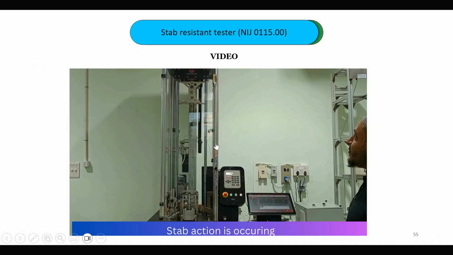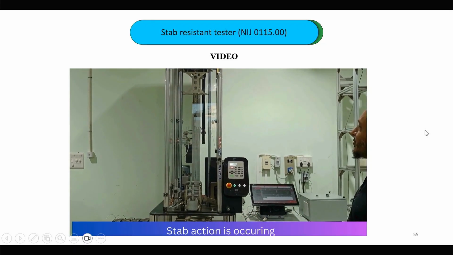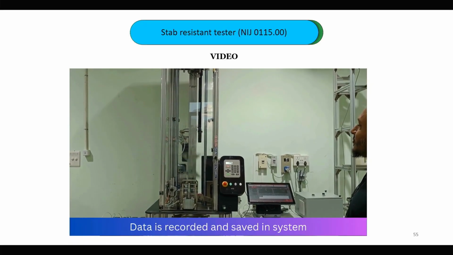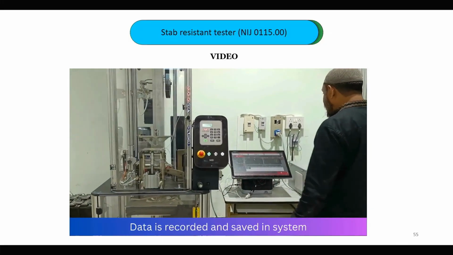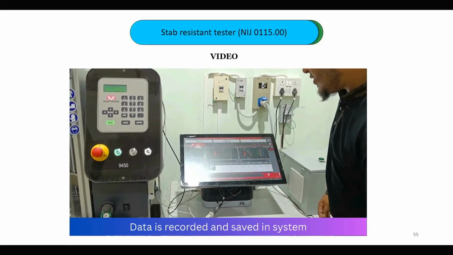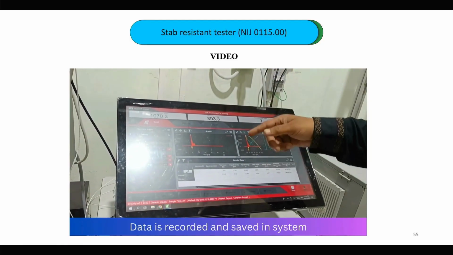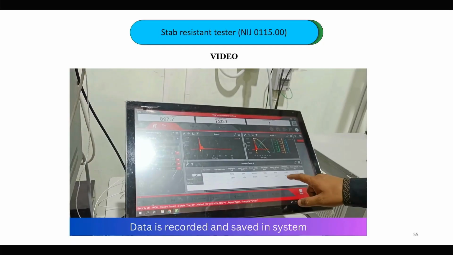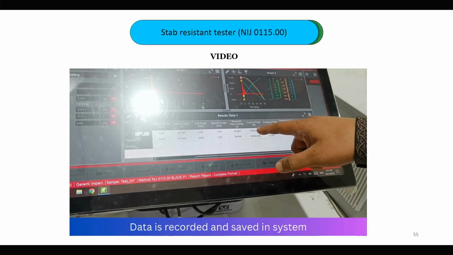Now, we have done the test in the lab. You can see here the lab is started, the experiment is now there, and there is a strike. The material was there, then after the fair strike, the energy absorption and all this are calculated.